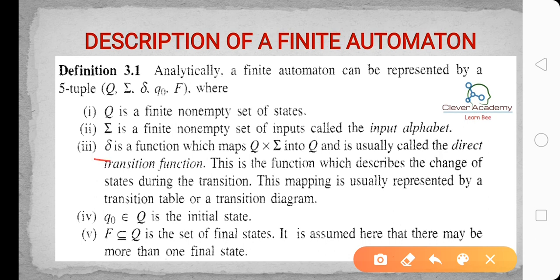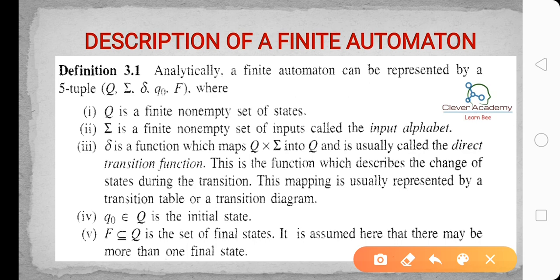Third, delta is the function, which you'll call the transition function. Delta is a function that maps Q cross sigma.